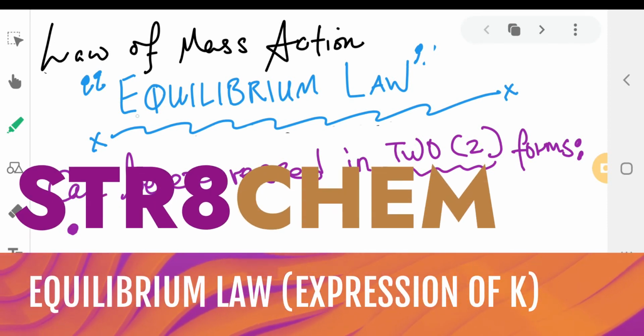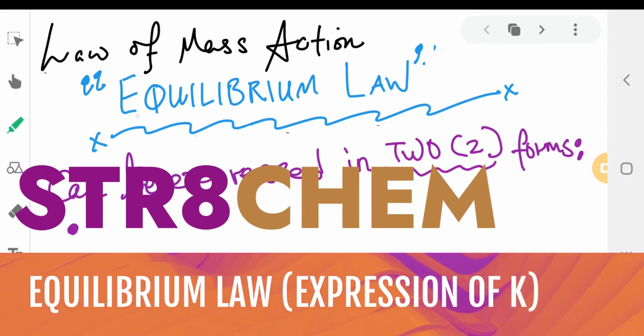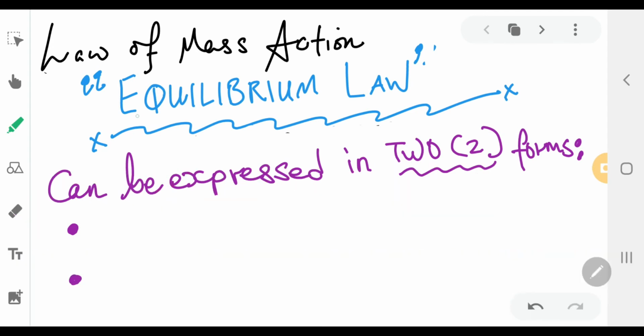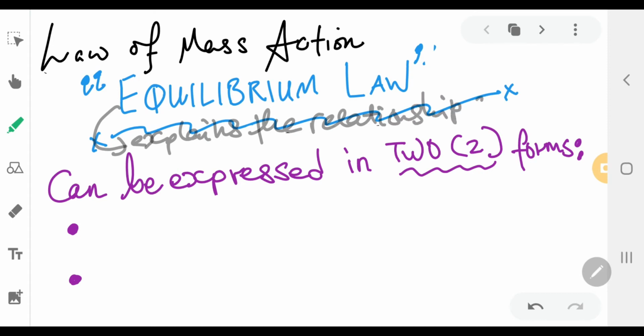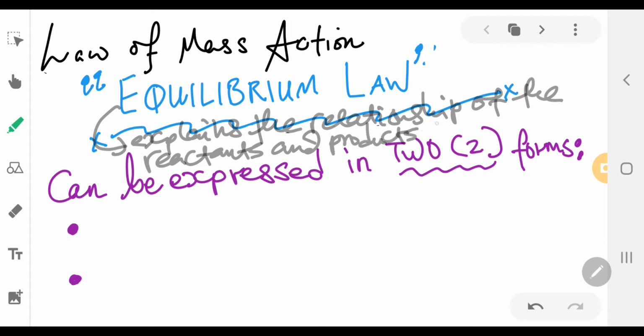Hi, in this STR8CHEM video, we're going to look at what is meant by the law of mass action, the equilibrium law. The equilibrium law explains the relationship of the reactants and products at equilibrium.